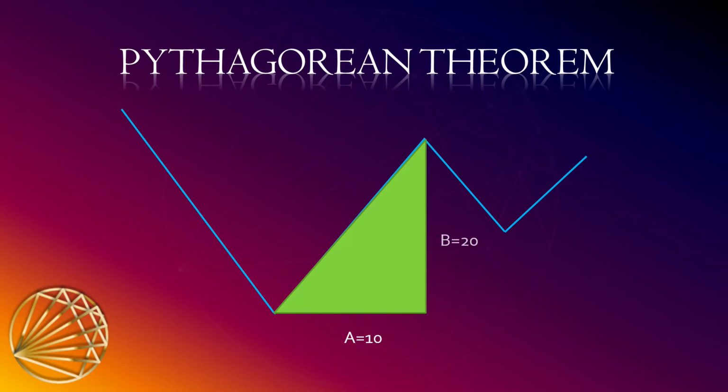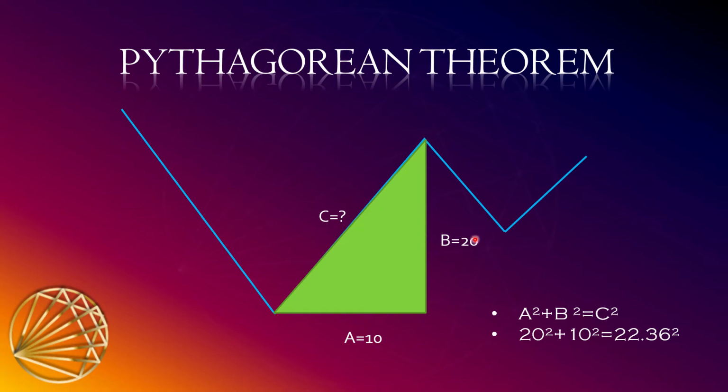Maybe you remember this equation from high school: a squared plus b squared equals c squared. In this example, A is equivalent to 10 trading days from this low up to this high. So A equals 10. B is 20, meaning the price range from the low to the high is $20.